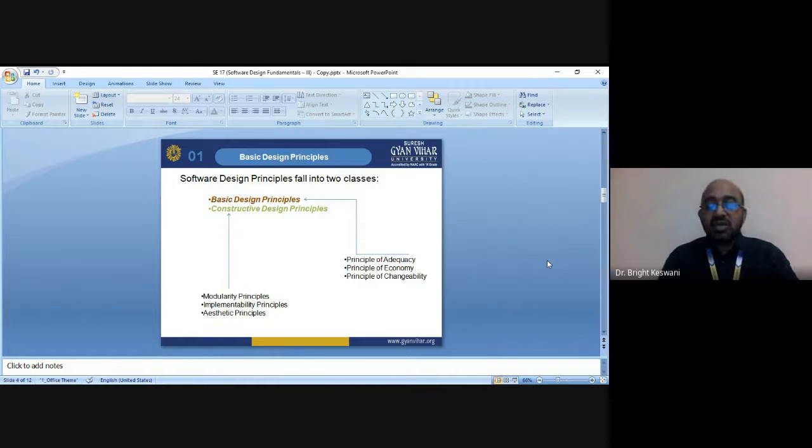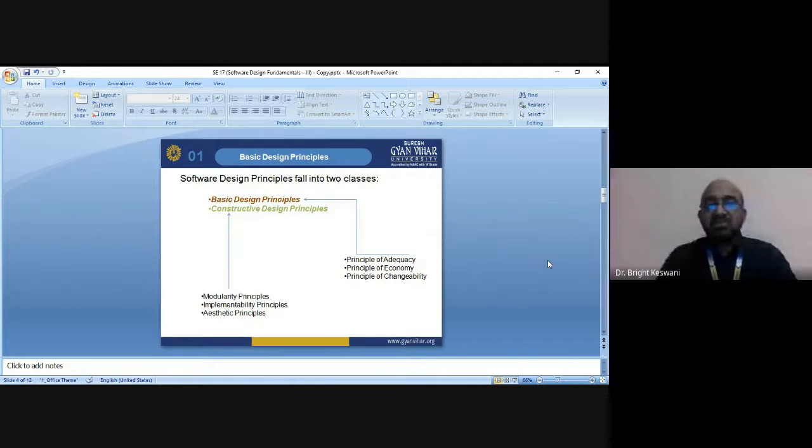There are so many characteristics of designs. Software design principles mainly fall in two categories. The first category is basic design principles, and the second is constructive design principles. In this lecture, we will discuss both types of classes in detail.